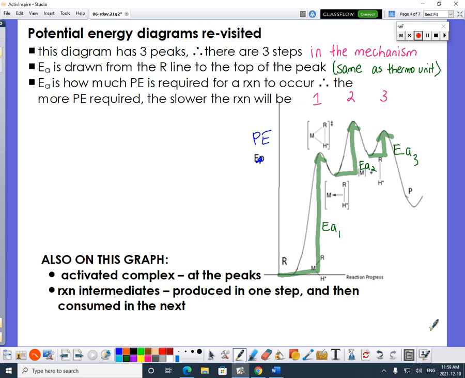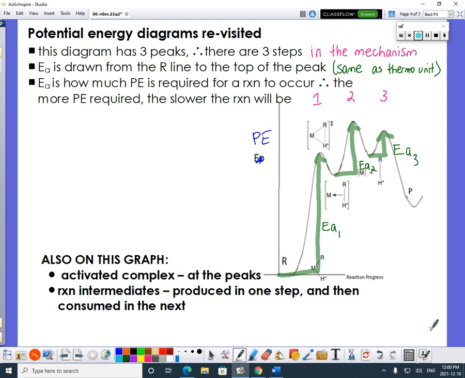The third point says, activation energy is how much potential energy is required for a reaction to occur. That's the same definition from the last unit. If you have more potential energy required, then it is logical that it will be the slower reaction. This one is exaggeratedly much bigger, and I encourage you to do that. Here, this is much bigger than these two. So which one is the slowest step?